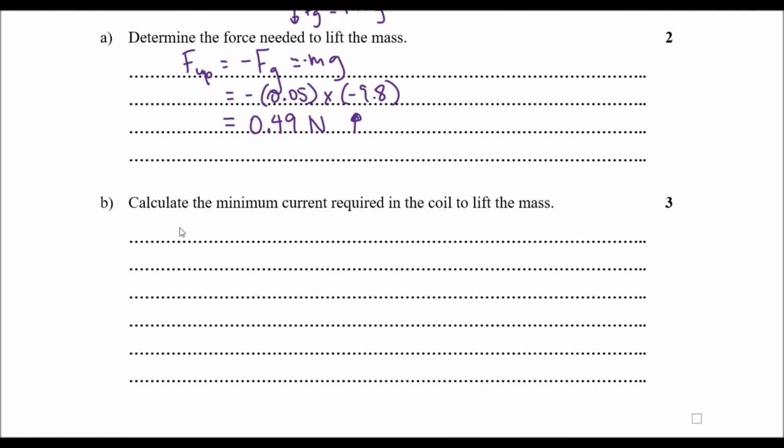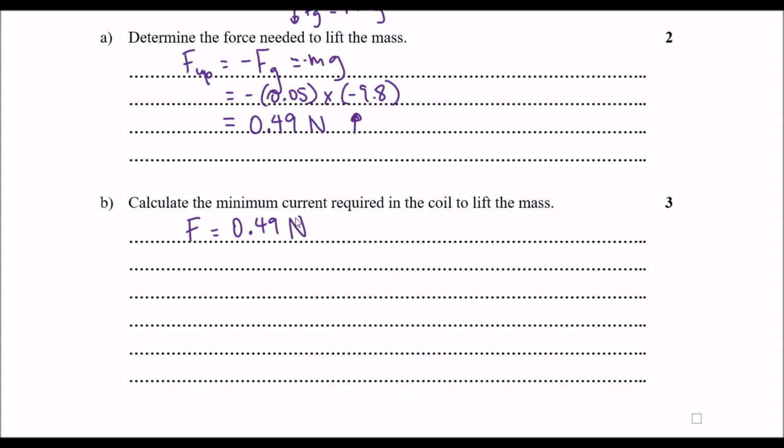In our second question, it says calculate the minimum current required in the coil to lift the mass. So we've worked out what the mass is. Okay, so we have the force to pull it up, 0.49 newtons.